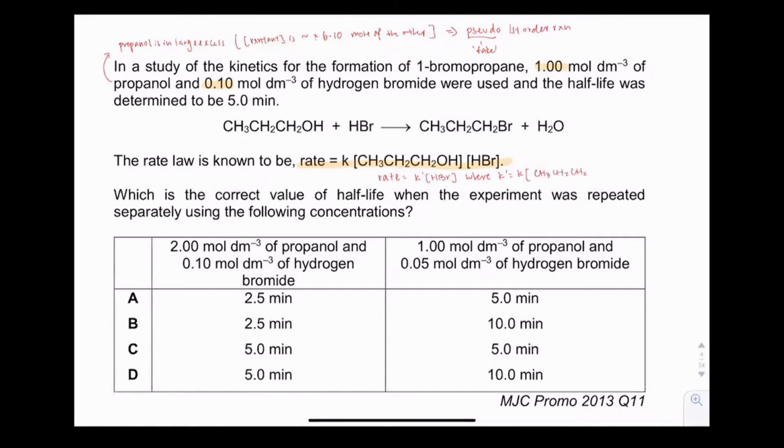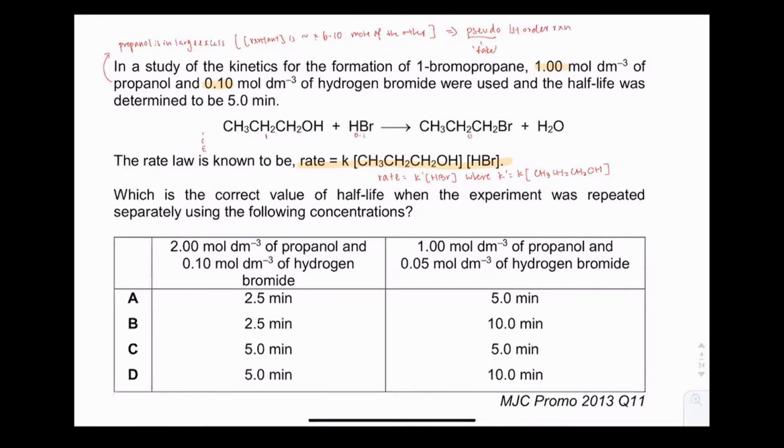Why can I say this? It is because my concentration of propanol is so high that even though it's used up in the reaction, the amount that's used up is negligible. What do I mean? Let me do an ICE table to explain. I have 1 mole per dm cube of propanol and 0.1 mole per dm cube of HBr.